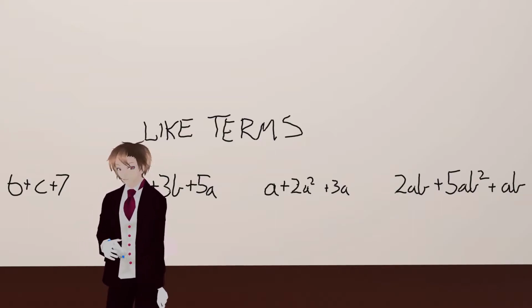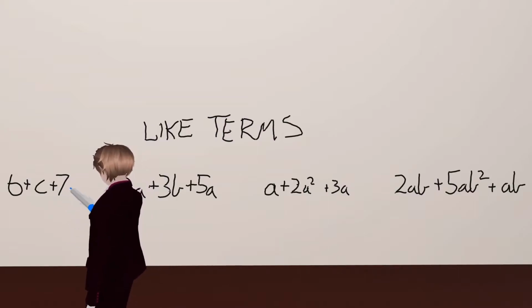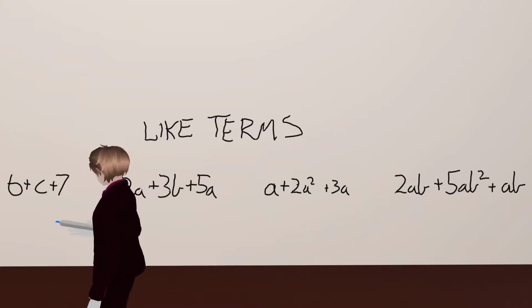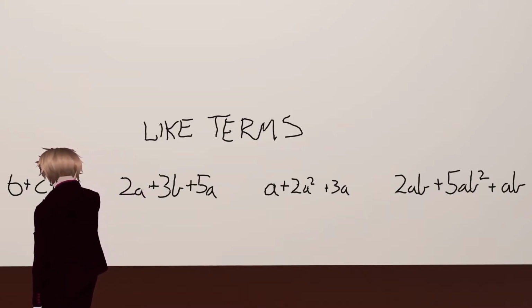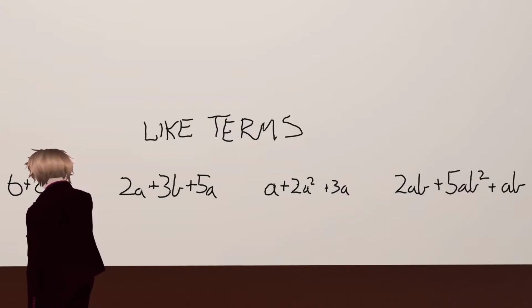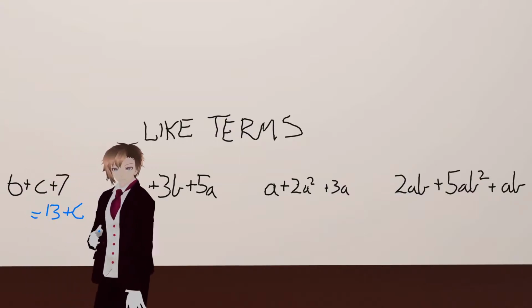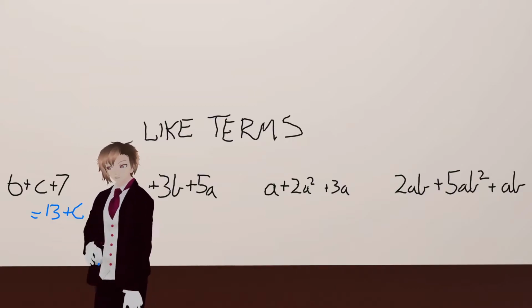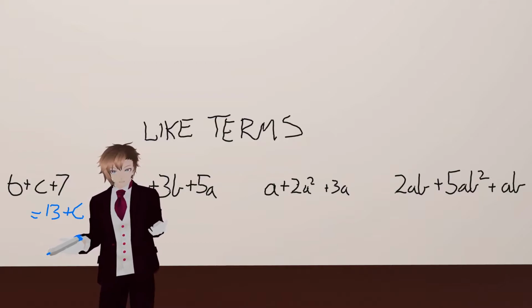We can add these together. 6 plus 7 is 13, and then we have C. So this equals 13 plus C. We don't do any more because 13 and C are completely different things.